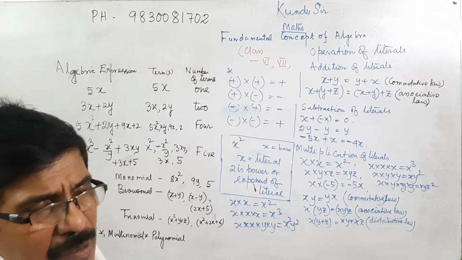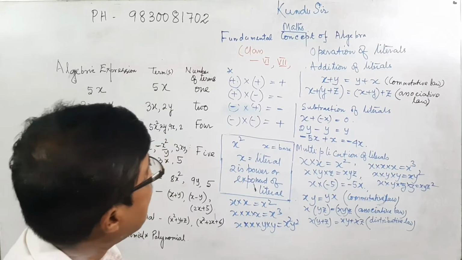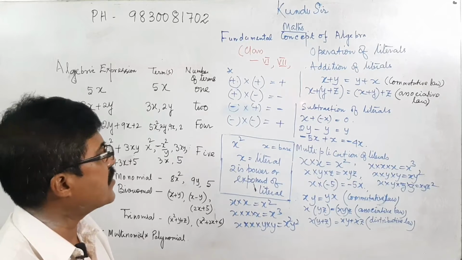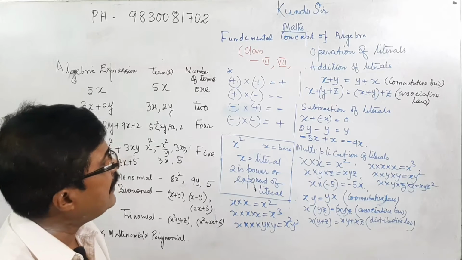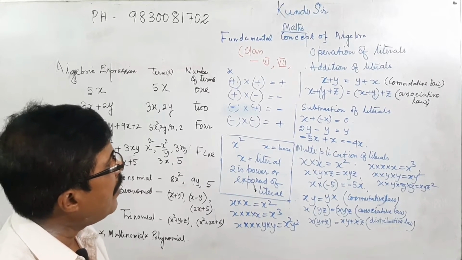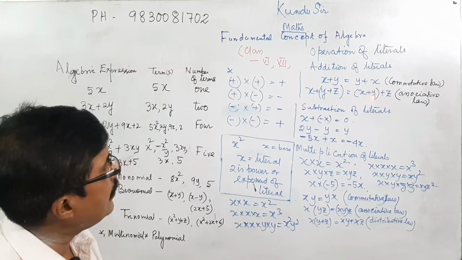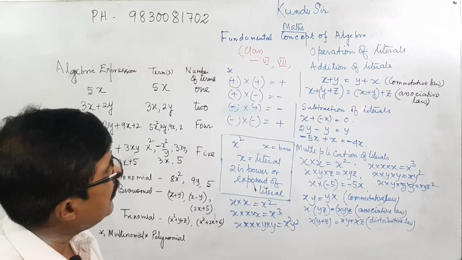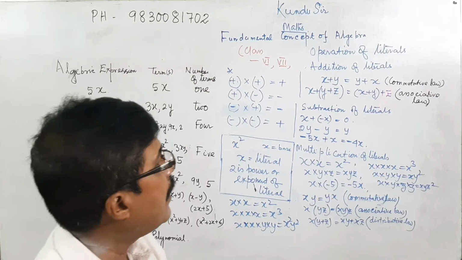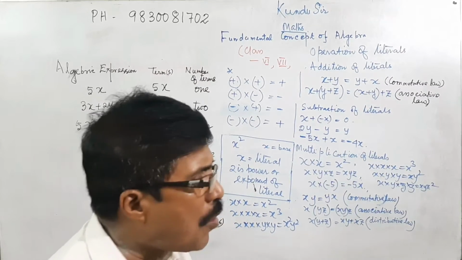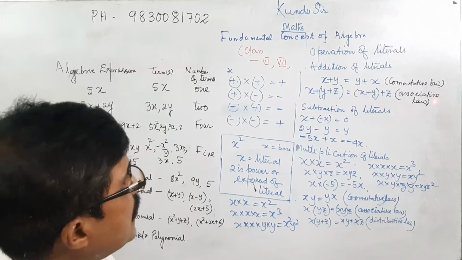Thereafter I have written here X plus, within first bracket, Y plus Z equal to, we make another arrangement changing the first bracket, X plus Y within bracket plus Z. If we consider the value of the left hand side and right hand side, there is no difference at all, but it is termed as associative law.